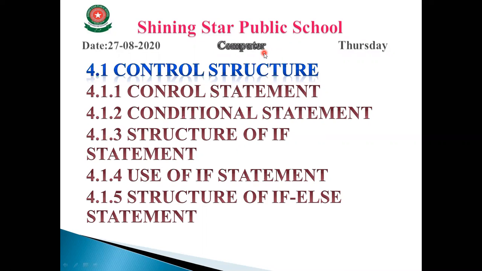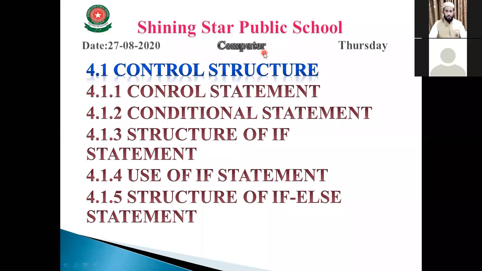Now step number 3. When we have the base and height, we must know the formula for the area of a triangle. So in step number 3, we write the formula: A equals (B * H) divided by 2, where A stands for area. That is the area of the triangle.